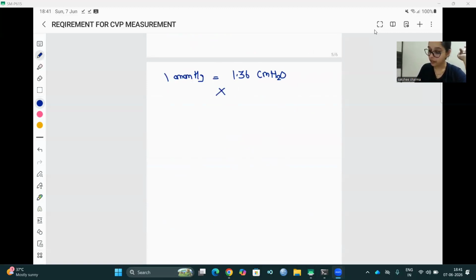And if a value is given in centimeter H2O and you have to convert it into mmHg, you simply divide the value by 1.36.